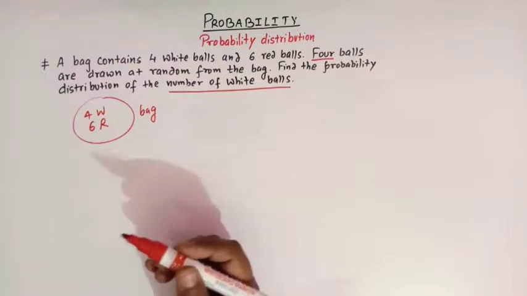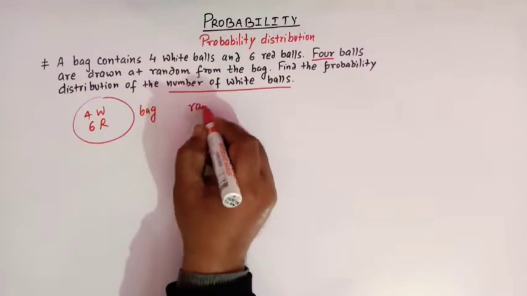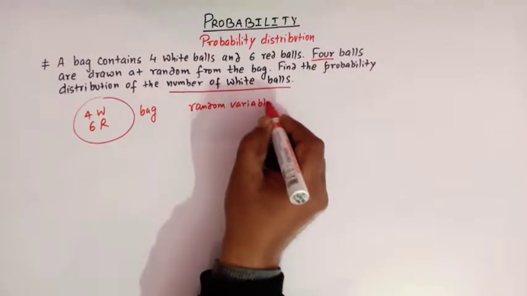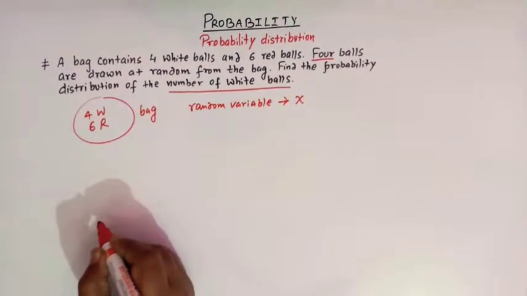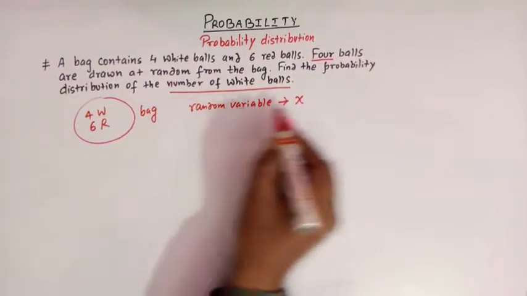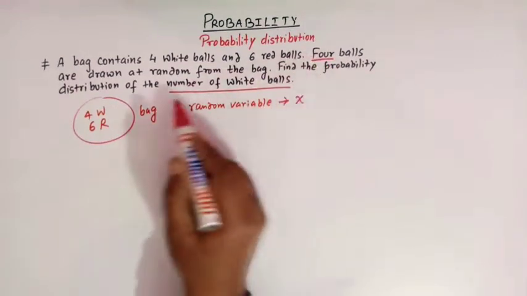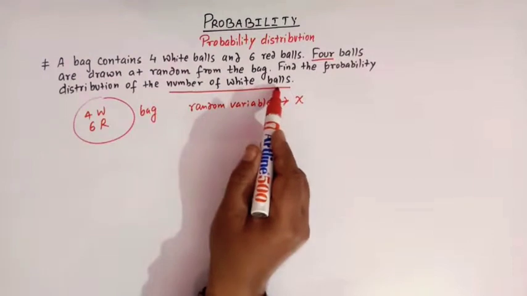Therefore we have to introduce the random variable x. The random variable is denoted by the letter x, and we have to assign values to this random variable x. Now here we have to find the probability distribution of the number of white balls.